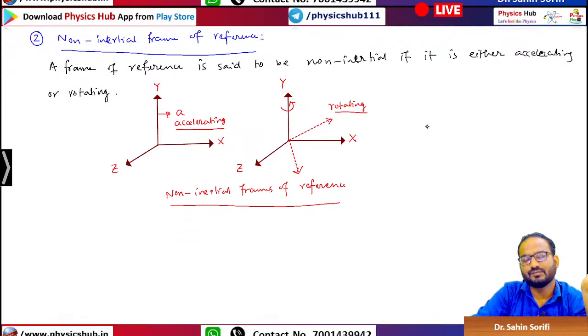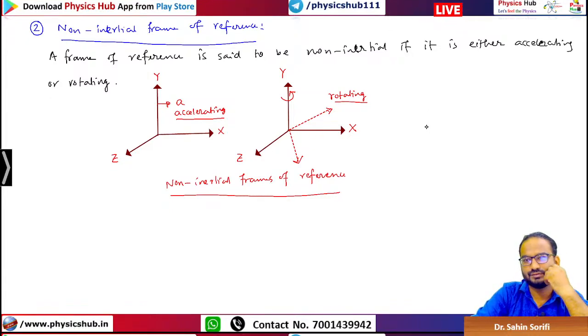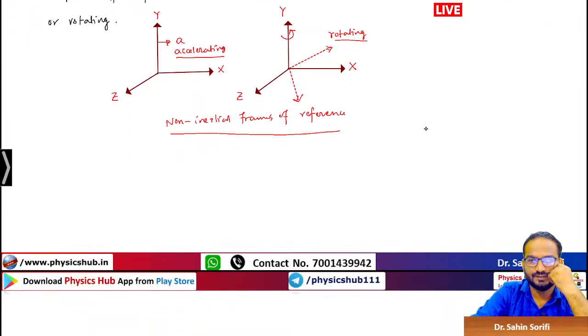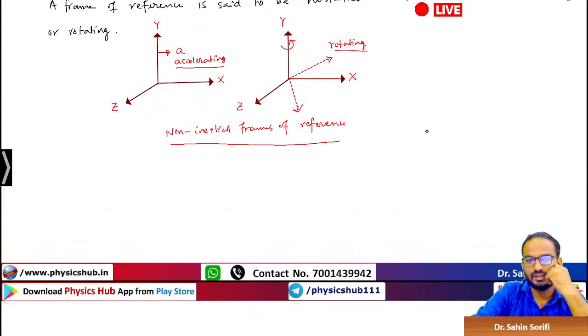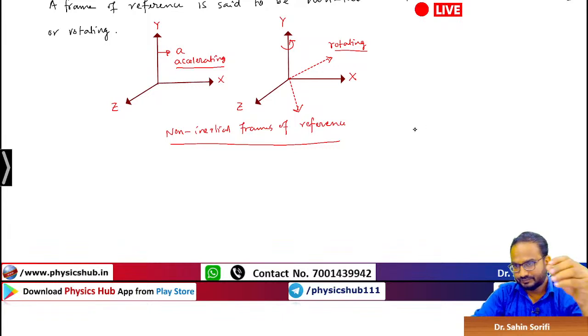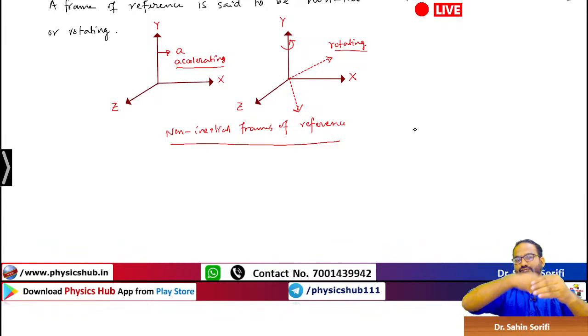If some force is 0, then it is 0. If some force is not 0, it is not 0. An inertial frame is a laboratory frame, and a non-inertial frame may be a bike that is accelerating. Or you are enjoying a merry-go-round, so those are rotating frames.